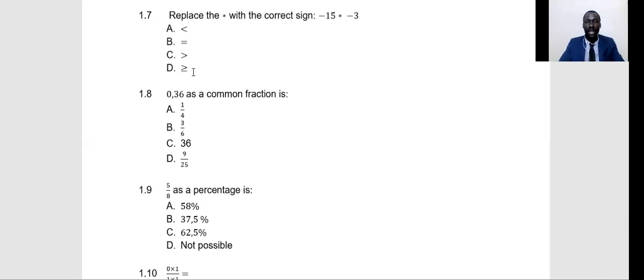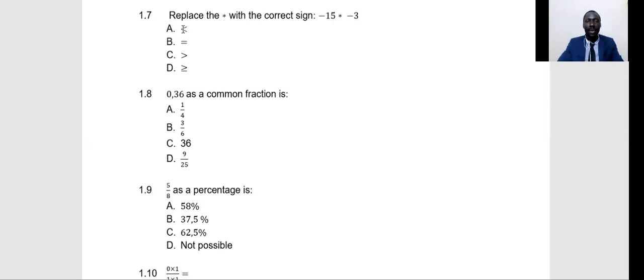So when you look at negative 15 and negative 3, which one is bigger? Which one is smaller? Which one is the same? Obviously, they're not the same. This is negative 15 and this is negative 3. The two are not the same, meaning B is not one of them.